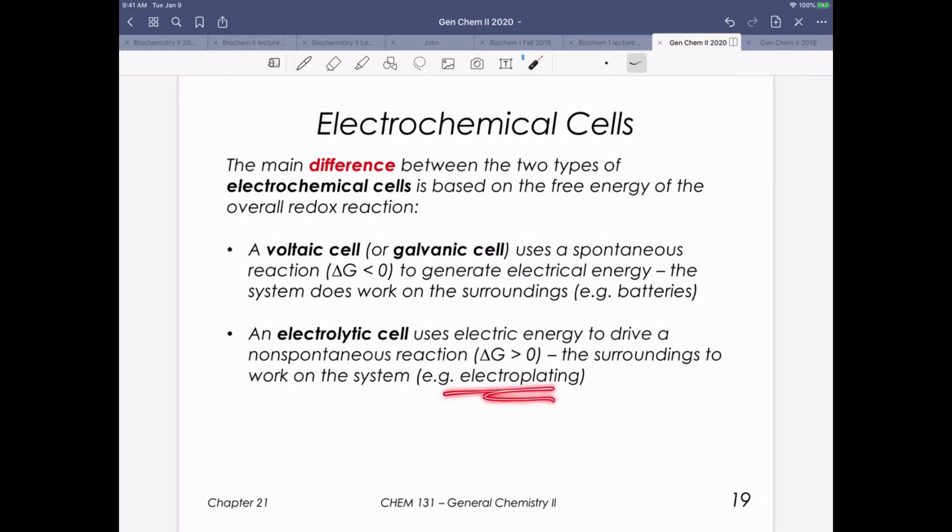This is what happens, for example, in electroplating. If you have some silverware that you're going to electroplate, you take a less valuable metal, the core of a piece of silverware, and then you take silver ions in solution and force them to become silver metal on that piece of silverware. That's what we call silver electroplating. But you need to put energy into that system in order to get it to work.